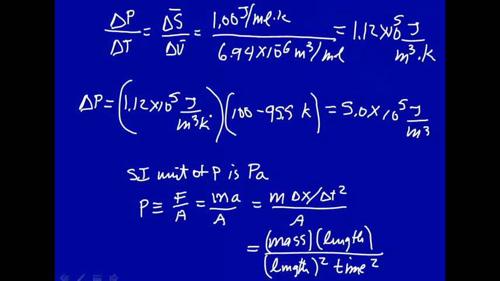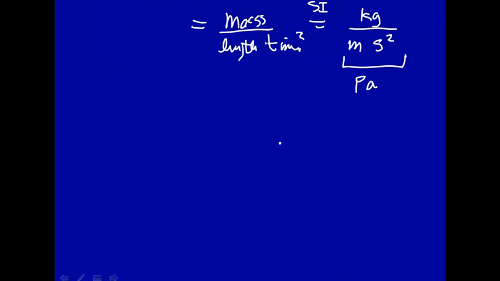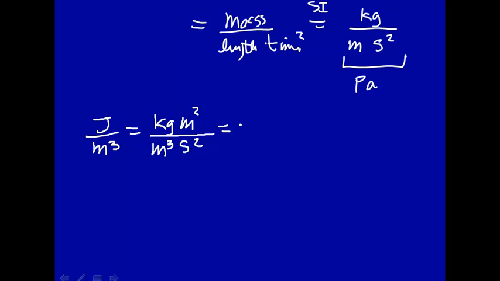Let's see, our units we got for delta P will be joule per meter cubed. Is that a Pascal? Yeah, I think it is. But just to show you, a joule per meter cubed, a joule is a kilogram meter squared per second squared, and we have the meter cubed here. That's just equal to a kilogram per meter second squared.